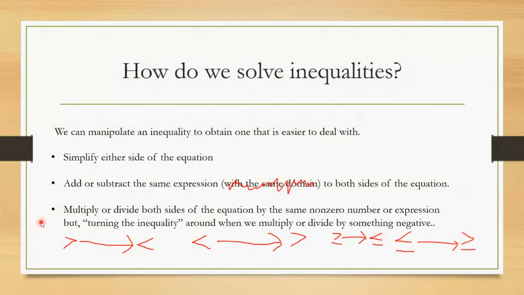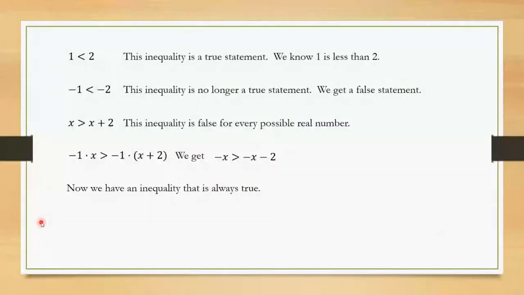Now, you might be thinking, why is that? Well, let me show you by example what happens if you don't do that. For instance, if we have this inequality, 1 less than 2, this is always true because we know 1 is less than 2. If I multiply both sides by -1 and I don't flip the inequality, then we're saying -1 is less than -2.